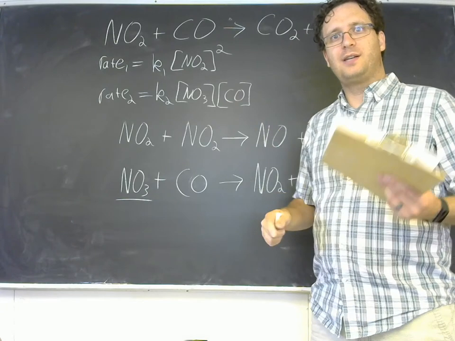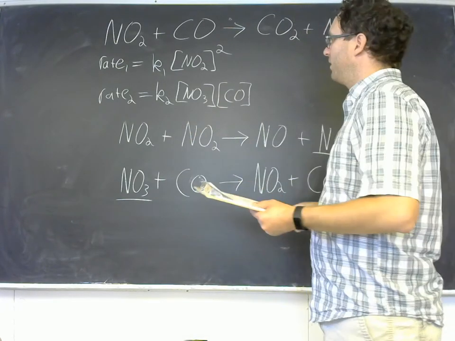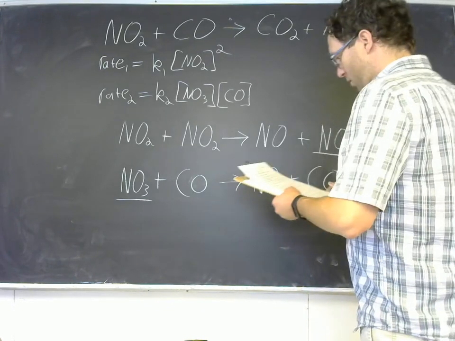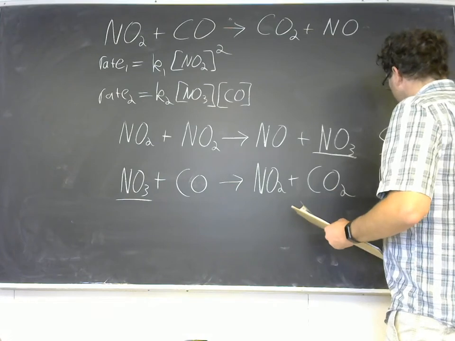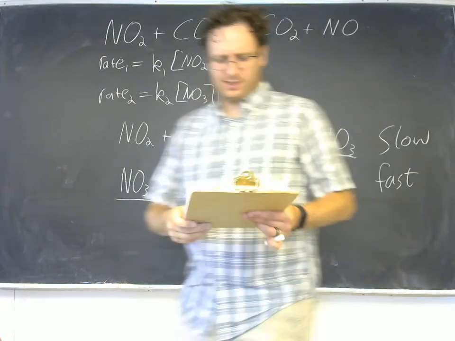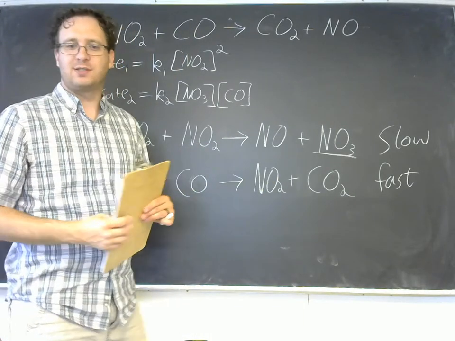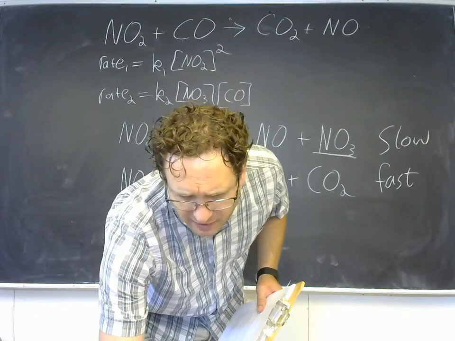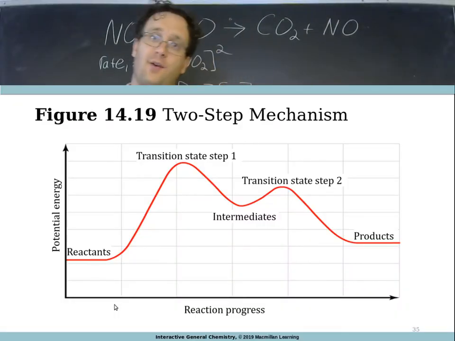There tends to be big enough differences in the rates here that we can just call one step slow and one step fast. And in this case, this proposed reaction mechanism, the first step is the slow step. And here I want to come back to our reaction coordinate diagram.